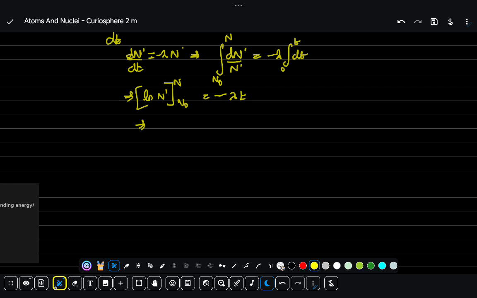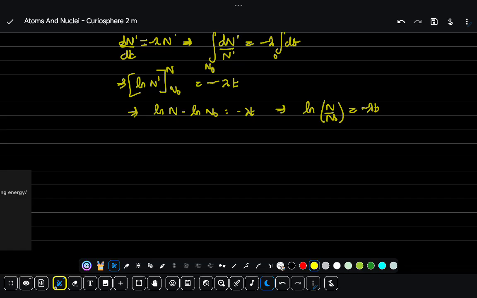So ln N minus ln N naught is equal to minus lambda t. ln a minus ln b is nothing but ln a by b. So ln N by N naught is equal to minus lambda t.